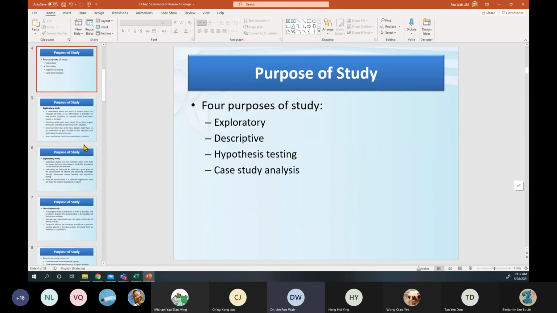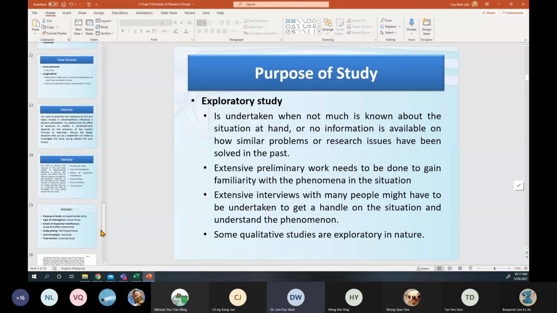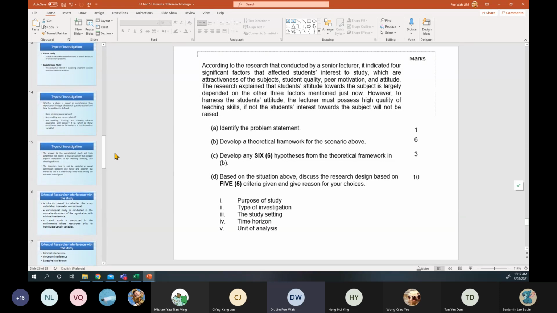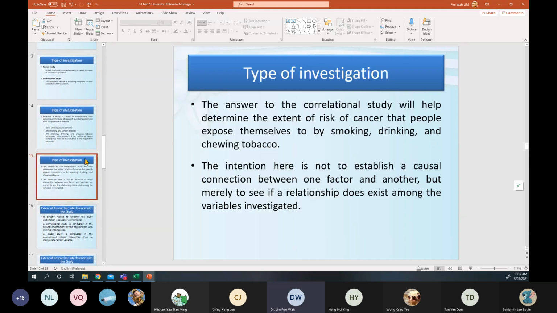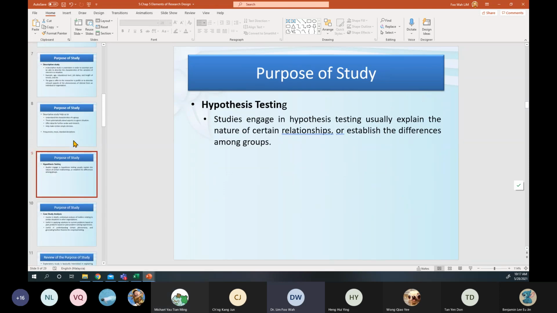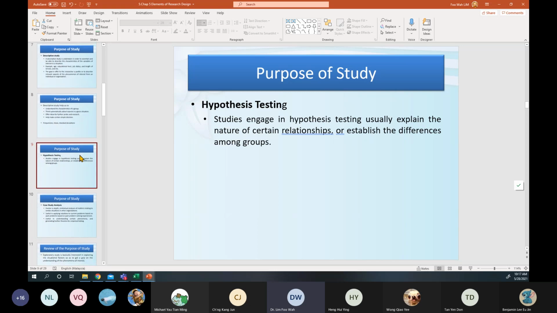Is the scenario categorized under, for example, exploratory, descriptive, hypothesis testing, or case study? You need to understand the meaning, then apply it to the scenario. You also need to know the type of investigation, and which type each purpose of study is categorized under.